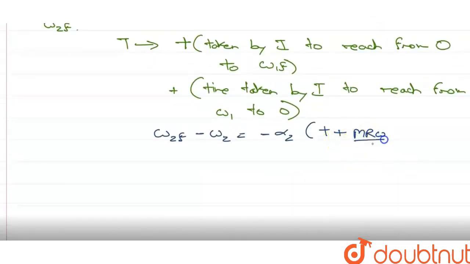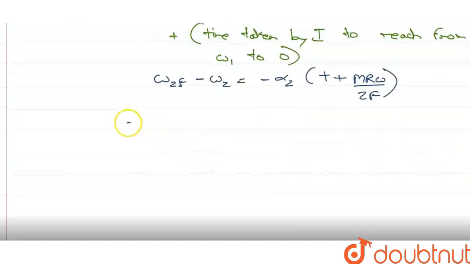Now let's put the values. This gives me omega 2f minus omega 2, which is 2 omega, is equal to minus alpha 2.